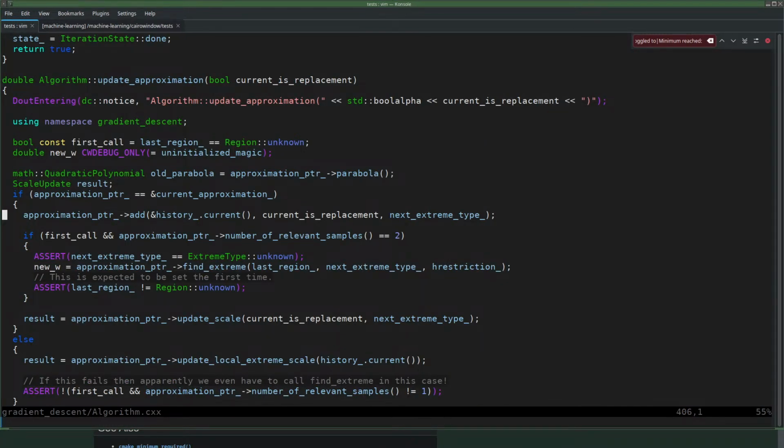Add stuff. This is the stuff. But yeah, I guess here's what I want to find back. So it's more like we need to call find extreme before calling update skill. So why not just add, and update skill doesn't know anything about last region, so I can't test if last region is invalid or not.